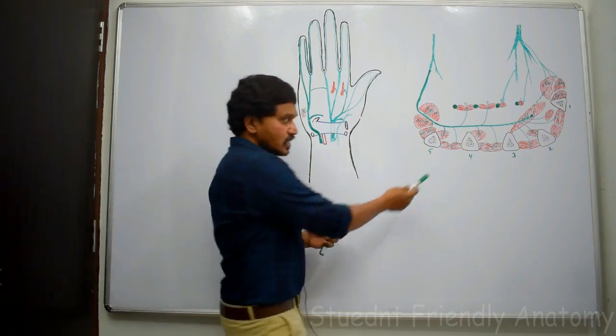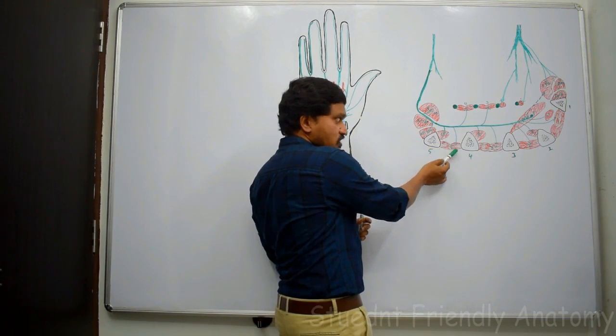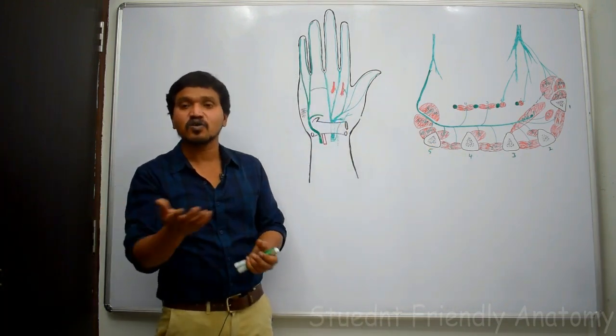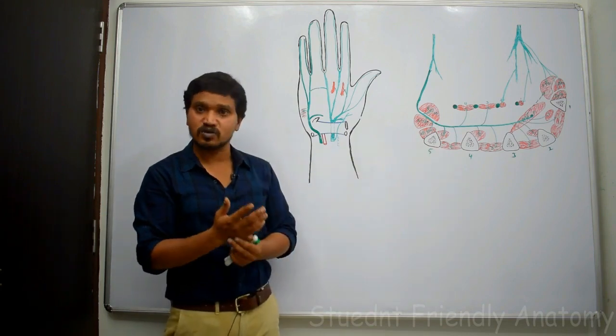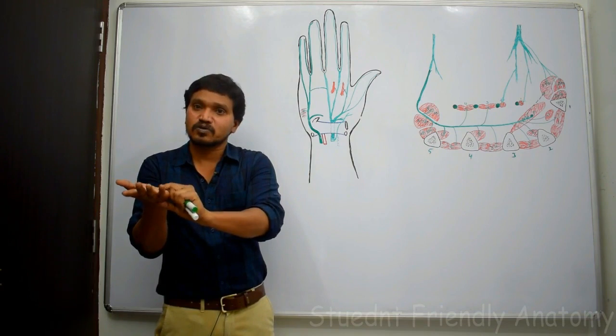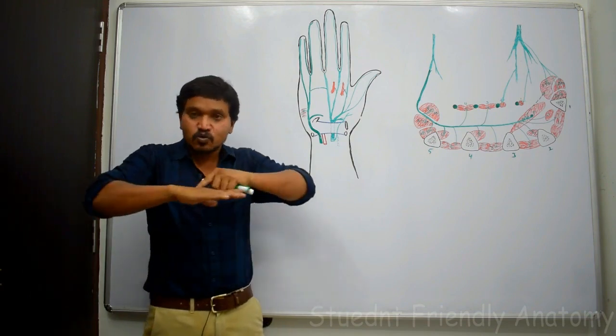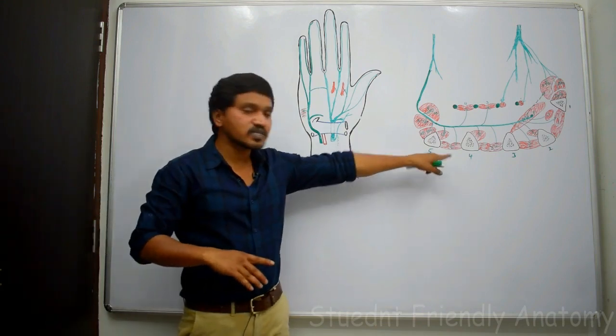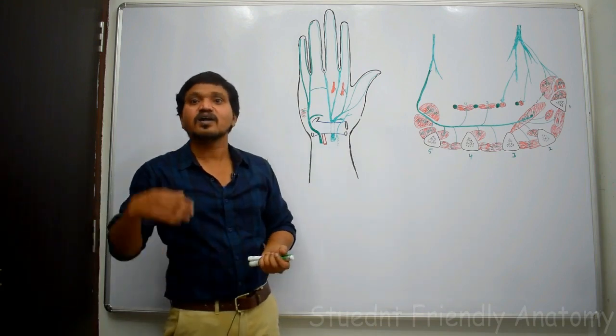Then the palmar and dorsal interossei are paralyzed and become wasted. Wasting of the palmar and dorsal interossei leads to hollowing between the metacarpal bones. That means we can see grooves between the metacarpal bones because these muscles are paralyzed and atrophied.